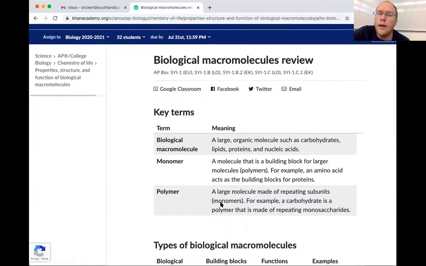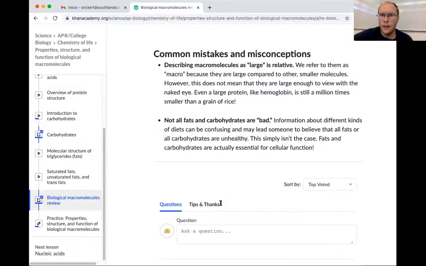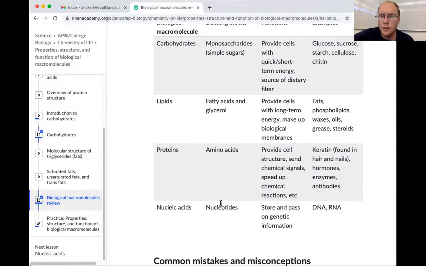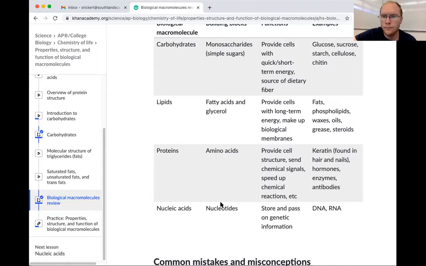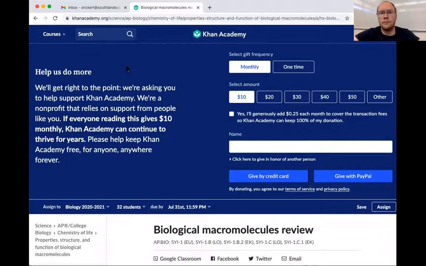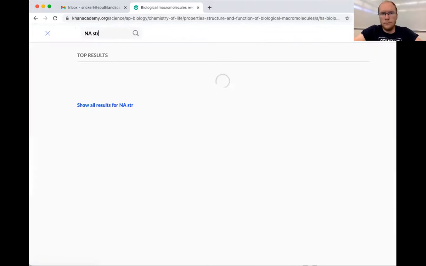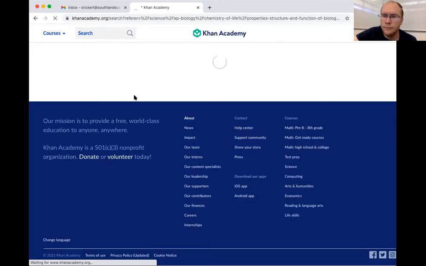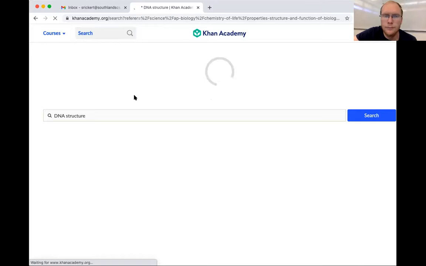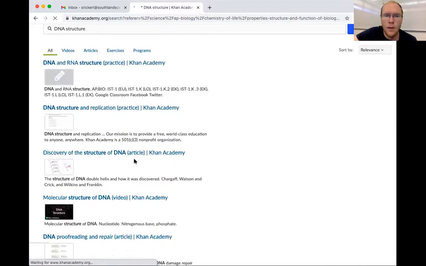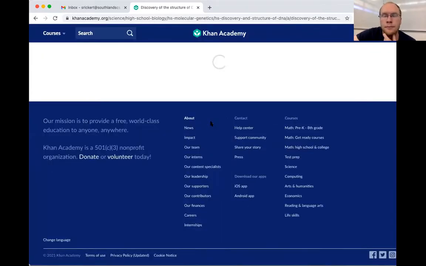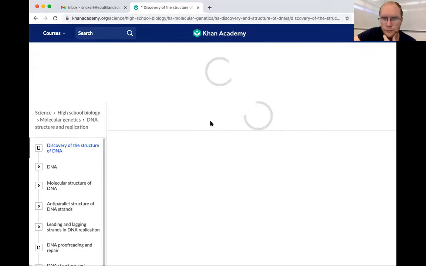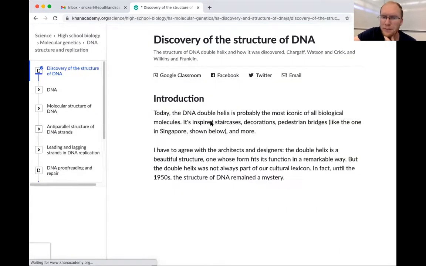So if you look at nucleic acids, there's a very nice picture somewhere here. Sorry for not having this pulled up.